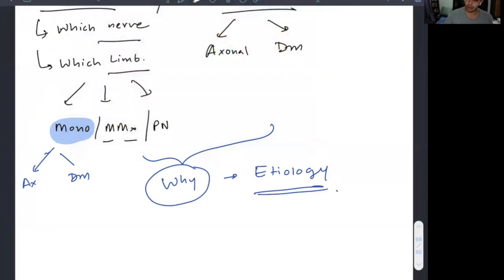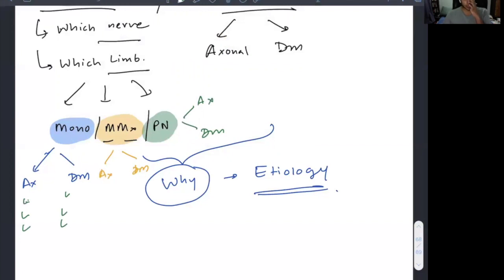In a mononeuritis multiplex, you have causes of axonal and demyelinating. And in a case of polyneuropathy, you have causes of axonal and demyelinating. So in each of these, there are 2-3 causes.